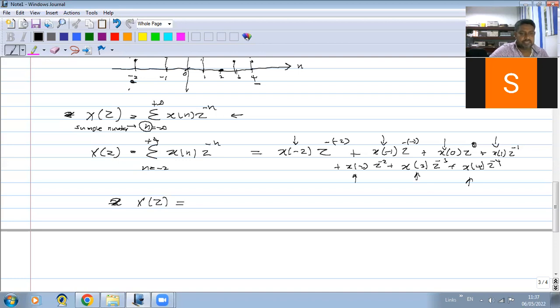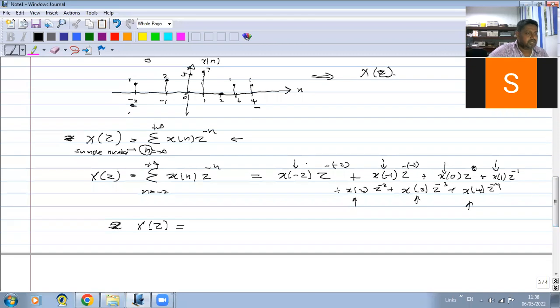So let me substitute. x[-2] is 1, and we have z^2. Plus x[-1] is 2, and we have z^1. Plus x[0] is 5, and z^0 is 1, so here you have only 5.